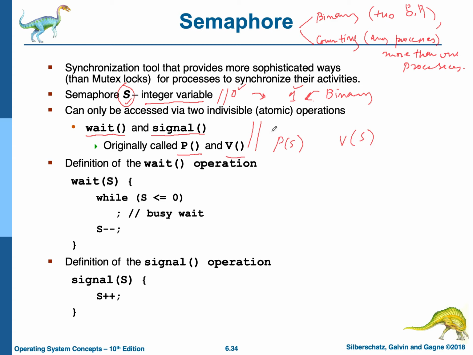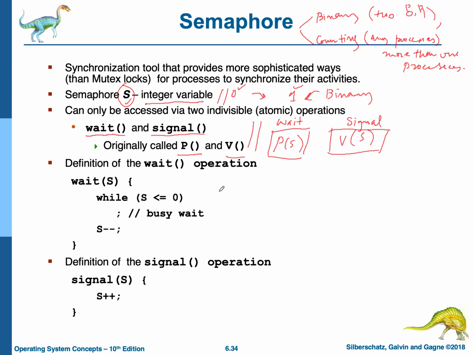This P means wait, and this V means signal. This signal is for another process to wake up.